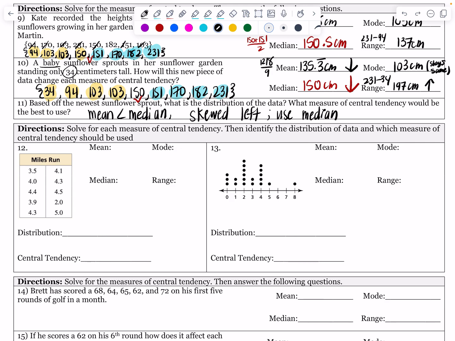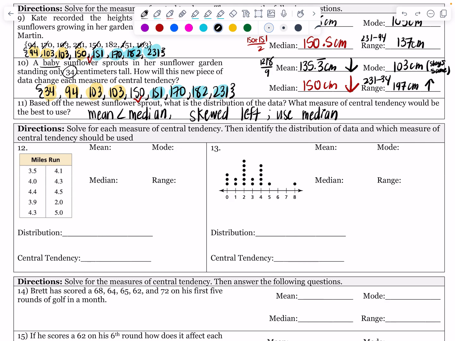So the mean of the miles run: 3.5 plus 4 plus 4.4 plus 3.9 plus 4.3 plus 4.1 plus 4.3 plus 4.5 plus 2.0 plus 5.